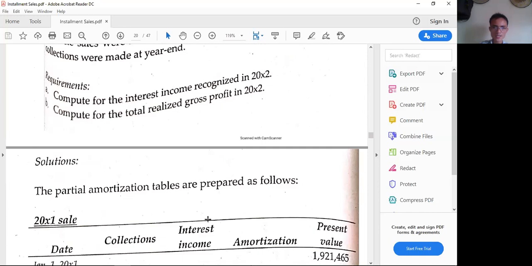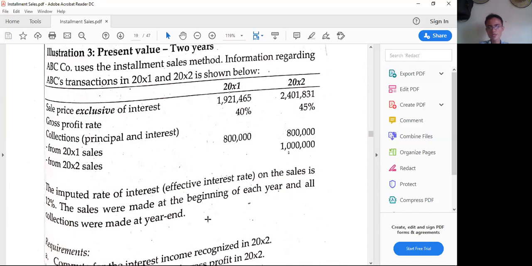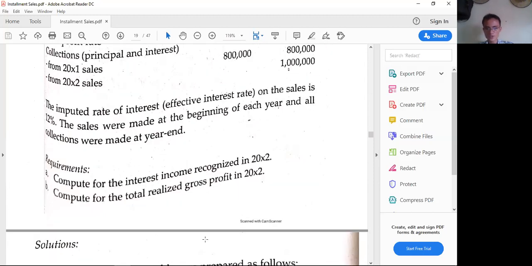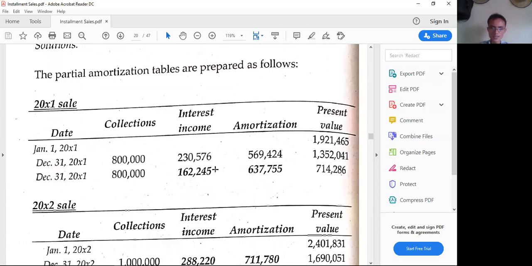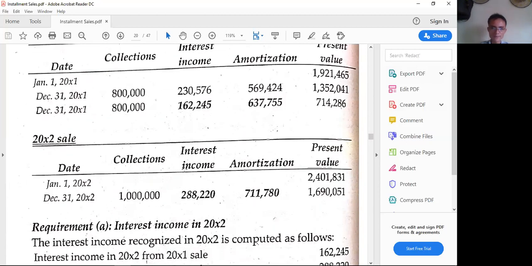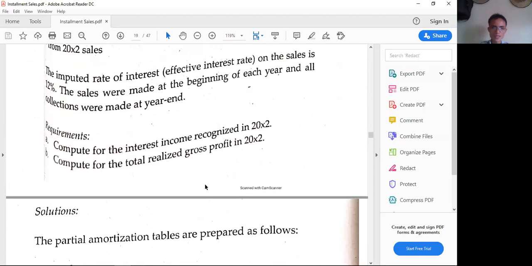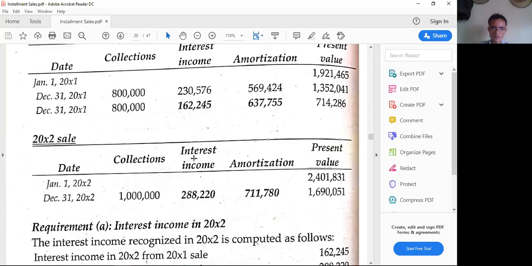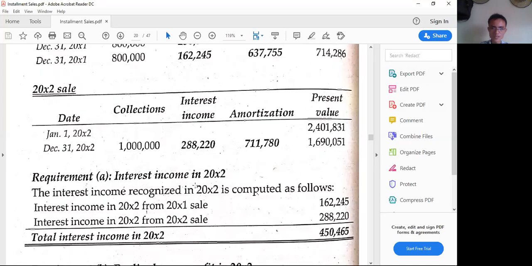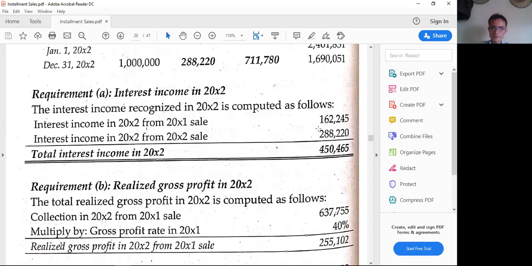For 20x2, by the way, so 20x1 will have an interest income. That's a sale for 20x1 and in the year 20x2 also. So in the year 20x2, which is asked here, that will be the interest income that we are going to obtain. For 20x2 sale, that's going to be just 1 year end. So this is the interest income. And therefore, the total interest income would be the sum of these two interests or the interest income.